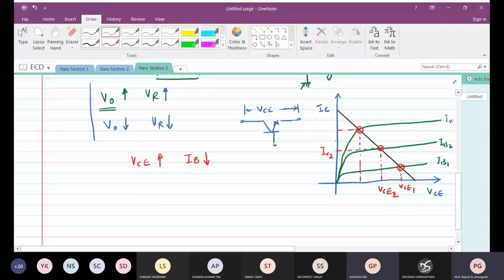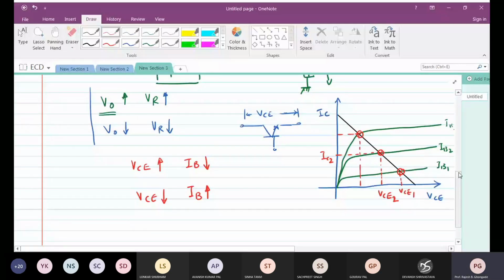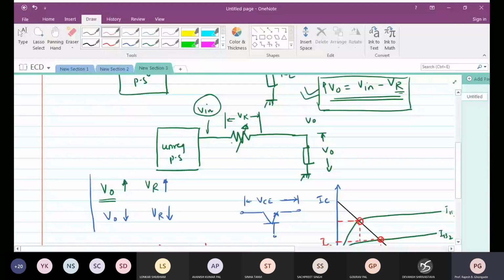If I want to decrease VCE, I will be increasing IB. So this gives us a very nice way of controlling the drop across the device, which is exactly what we expect here. Are you able to understand this? Yes, sir.